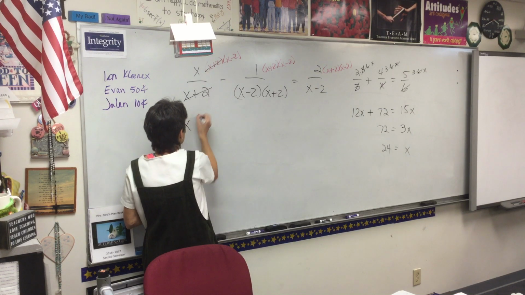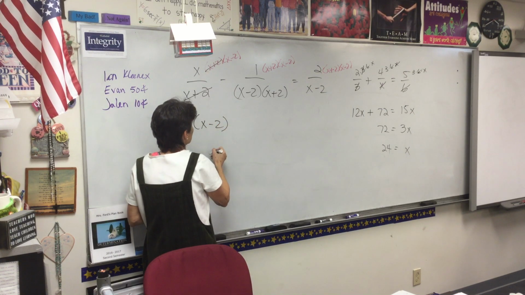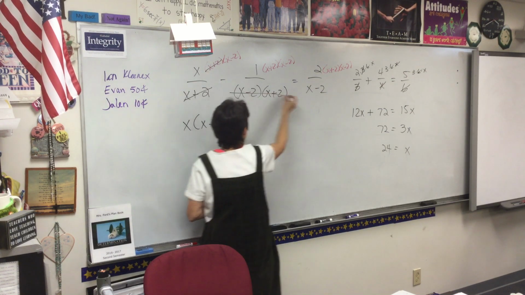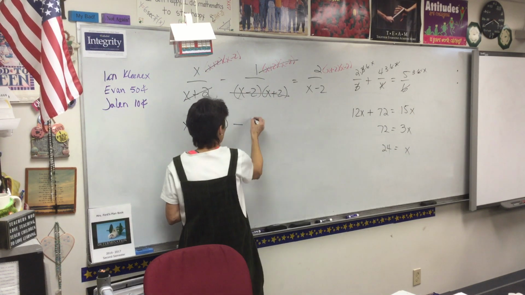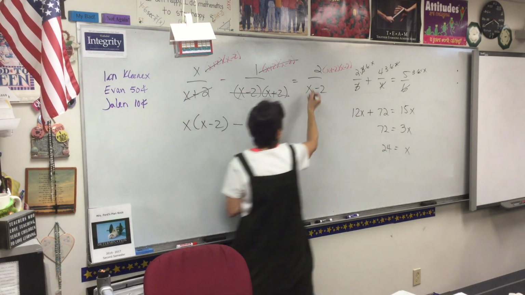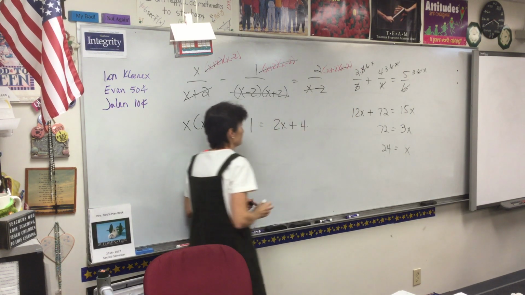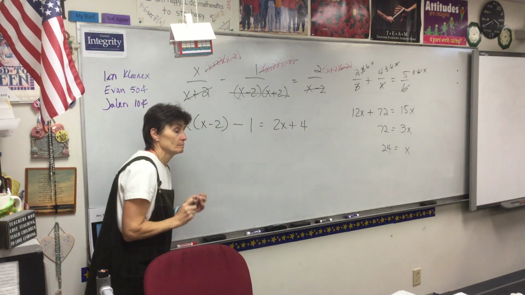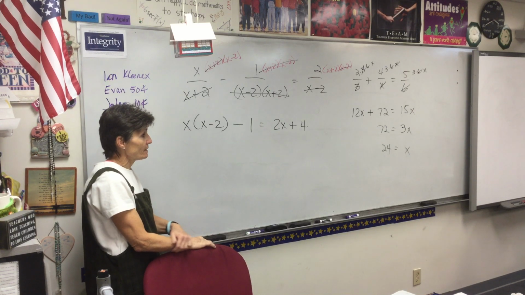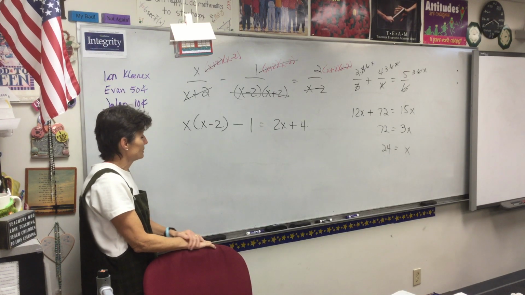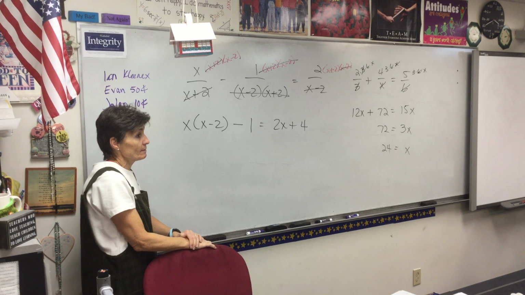So I have x minus 2, minus, what happens here? Just 1, it's all gone. 2x plus 4. What kind of an equation is this? It's gonna be a squared, isn't it?